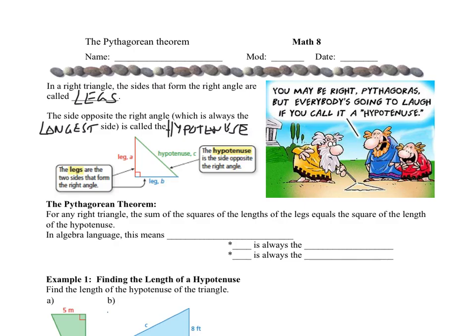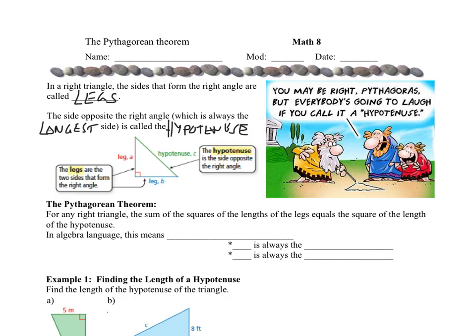So the Pythagorean theorem. Here's how it reads. For any right triangle, the sum of the squares of the lengths of the legs equals the square of the length of the hypotenuse. That's an awful lot to take in.